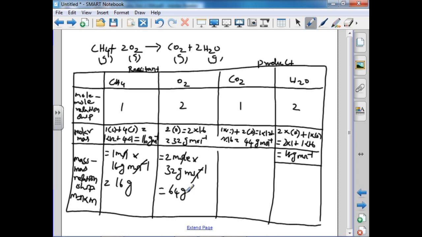The next one is carbon dioxide, number of mole 1, mass 44 gram mole inverse, mole cancel, so 44 gram. Finally water, number of mole of water 2 mole multiple with molar mass of water 18 gram mole inverse, so mole inverse cancel, so 36 gram.